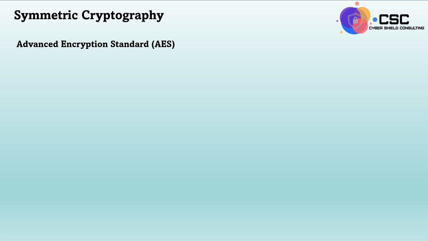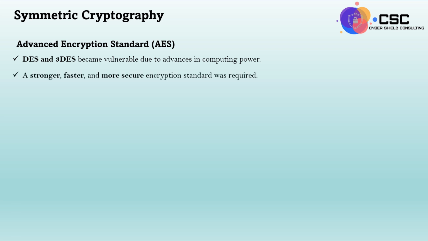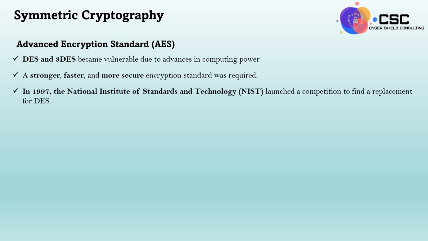As computing power advanced, it became clear that DES and 3DES were no longer secure enough for modern encryption needs. A new, stronger, and more efficient encryption standard was required, leading to the creation of Advanced Encryption Standard. In 1997, the National Institute of Standards and Technology (NIST) launched a public competition to find a replacement for DES.